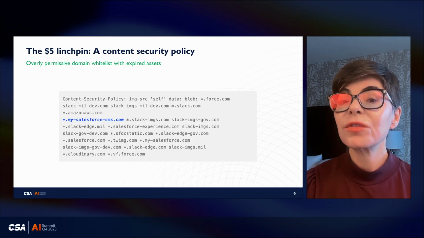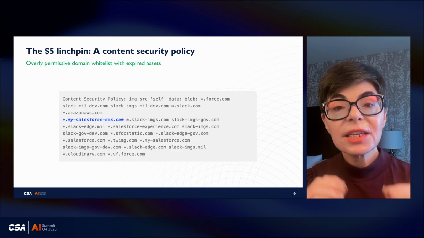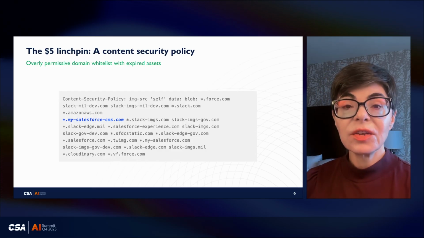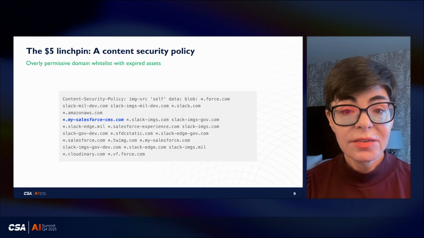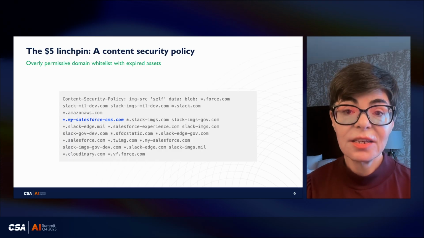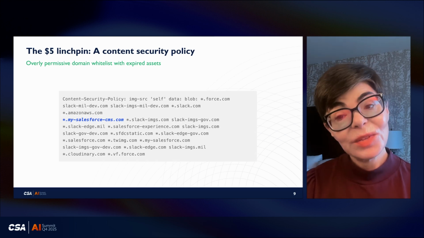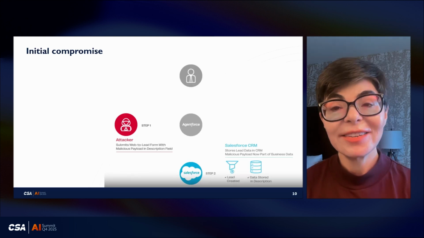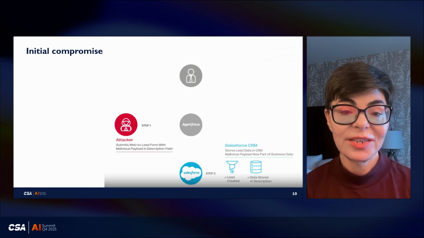So it was available for anybody to register. Because it was still in the allow list, whoever registered that site could put whatever they wanted on that site, and it would be trusted for images by the Salesforce site. So that's what Sasi did. He registered that domain for $5, and now had a domain that was trusted.